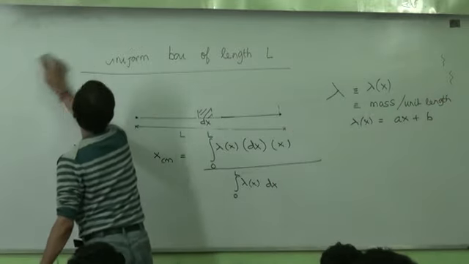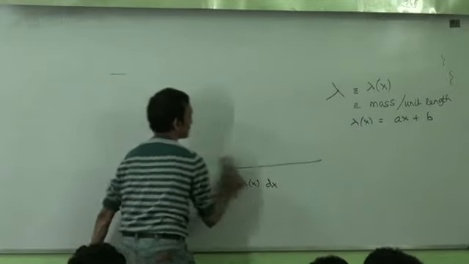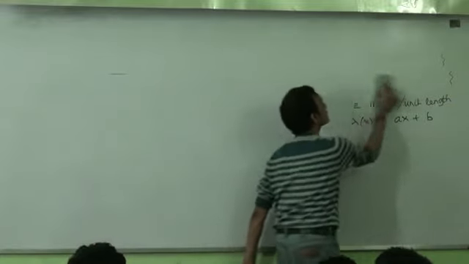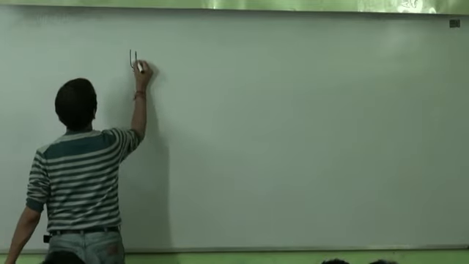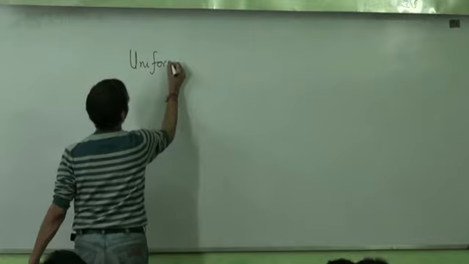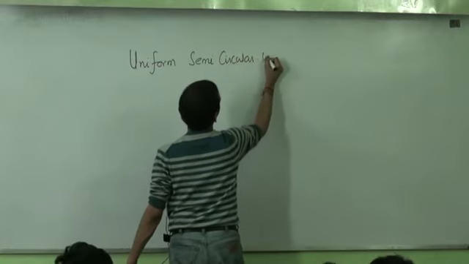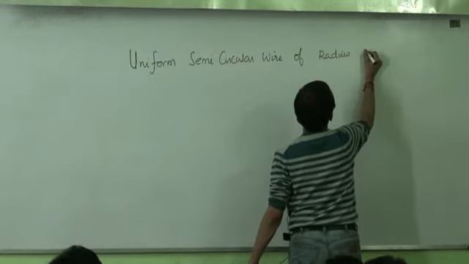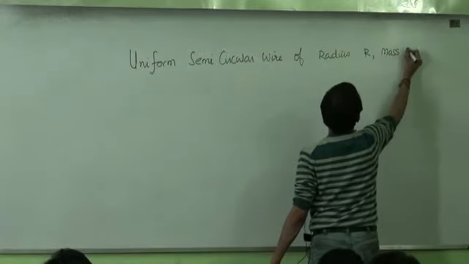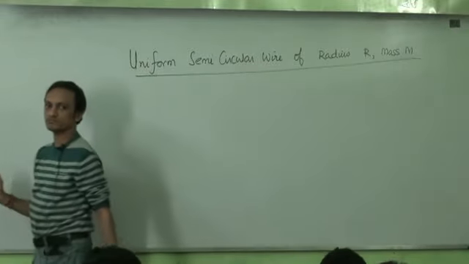Next, let me look at a uniform semicircular wire of radius r and mass m.